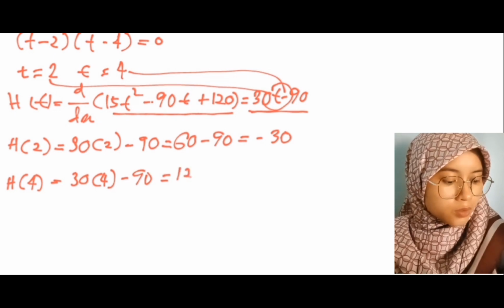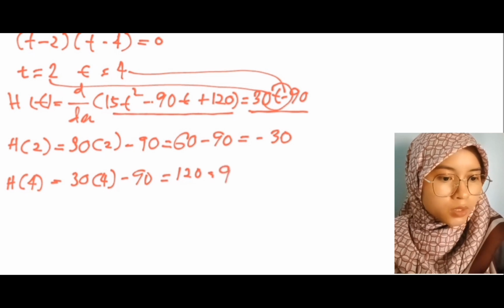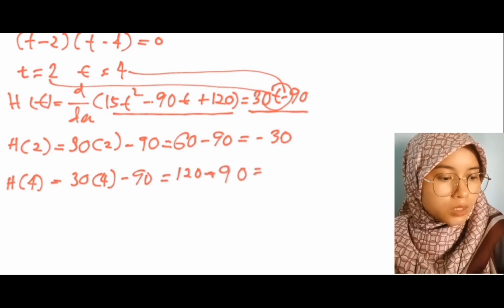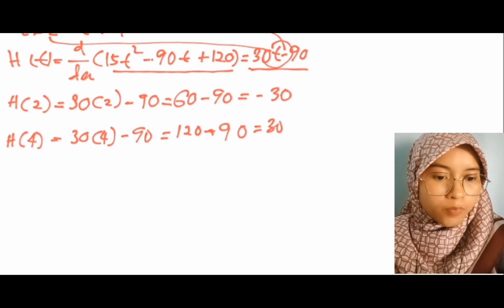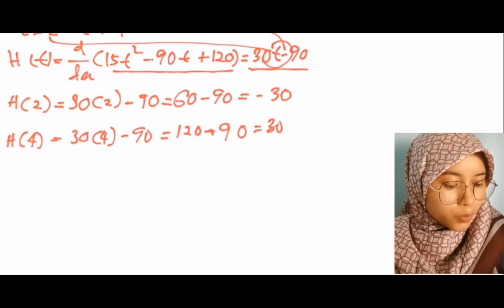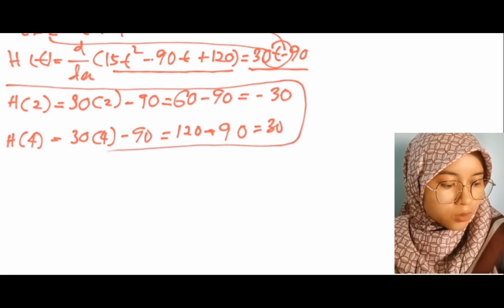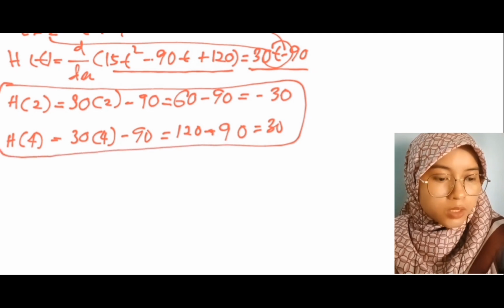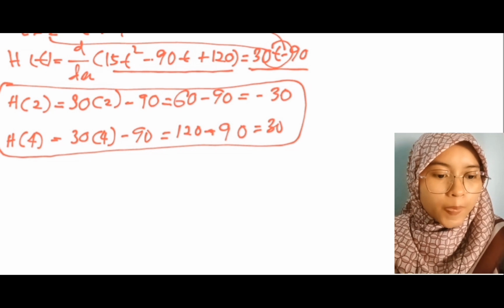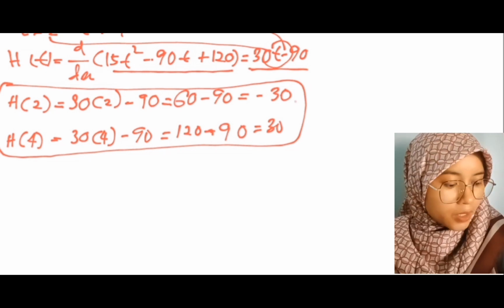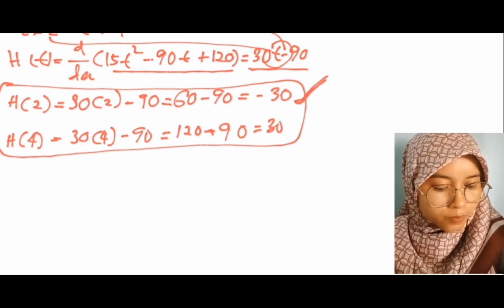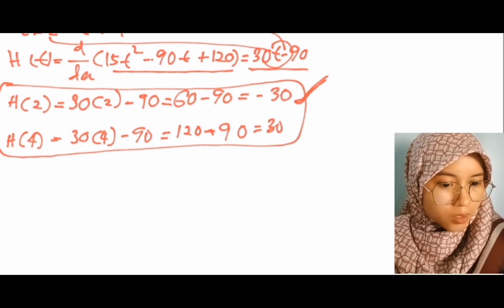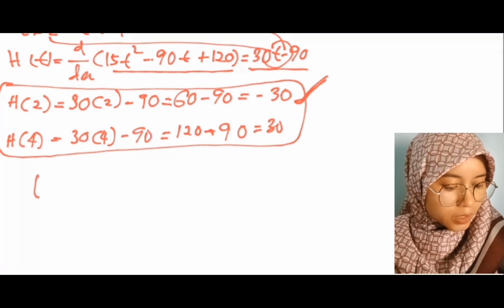The answer is 120 minus 90, and the answer is 30. So the conclusion: between these calculations, the growth rate is maximized at t equals 2 weeks. So the answer is the growth rate is maximized at t equals 2 weeks.